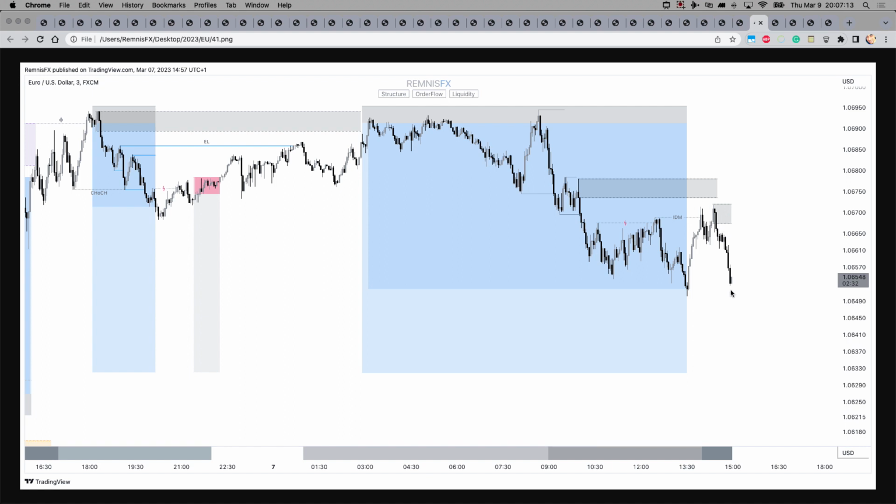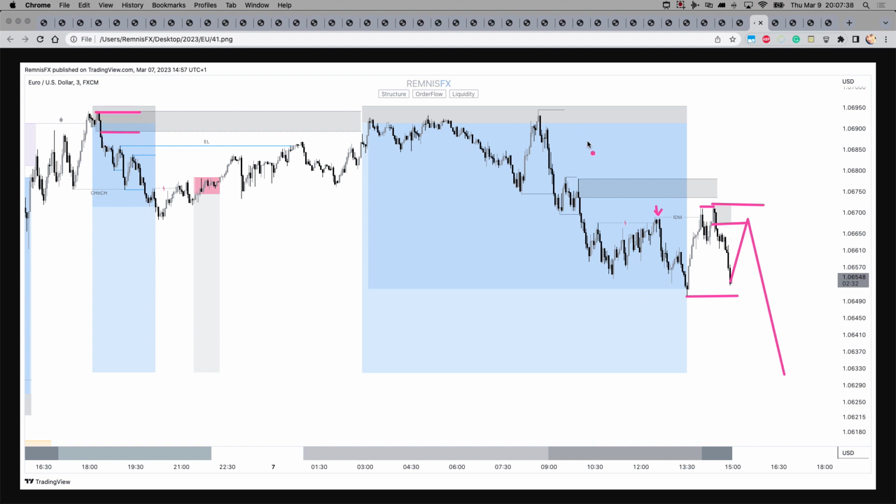At this point, before price broke this, I was now focusing on this, right? Because now this liquidity was taken out. It basically took out major inducement. So at this point, price has no reason to go higher, but only to mitigate this area here, just like it did here at your extreme.